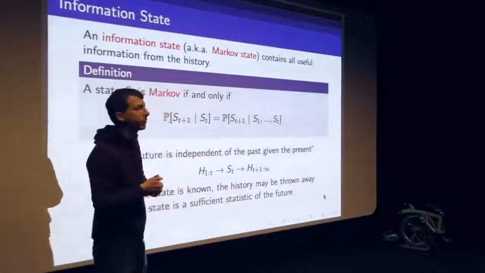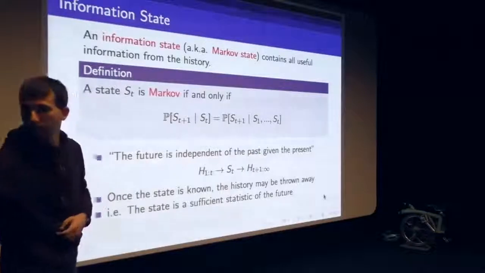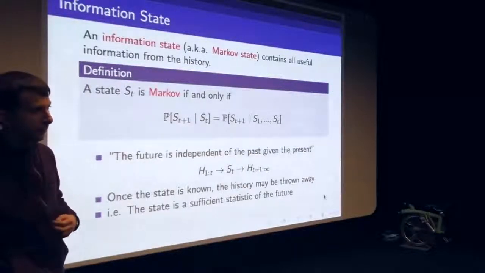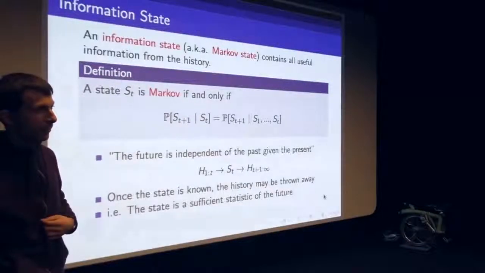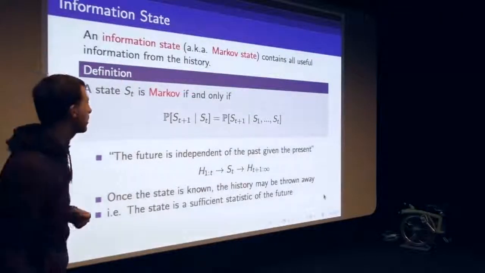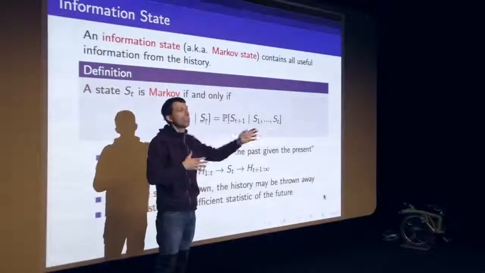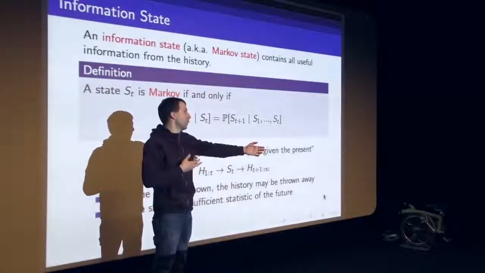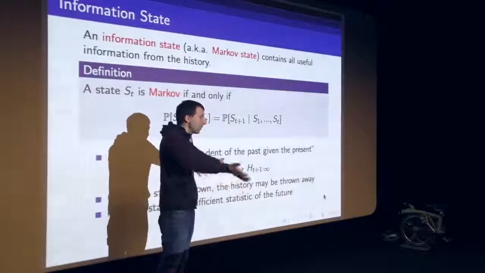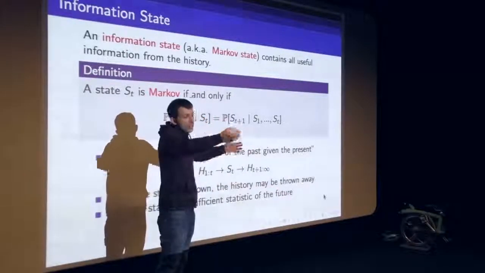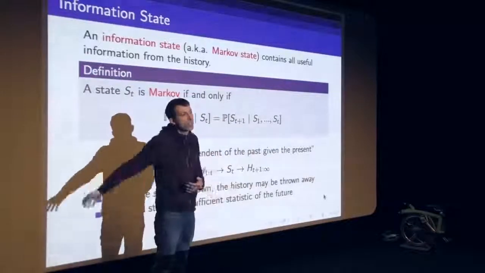Yeah, question? I think you said at the beginning that the reward comes at many time steps after the observation and the action. So how does that reconcile with the fact that you're throwing everything away except the previous time step? That's fine. All we're saying here is that everything we can say about the future, the distribution of events that might happen to us, conditioned on this state is the same as if we conditioned on the full history.